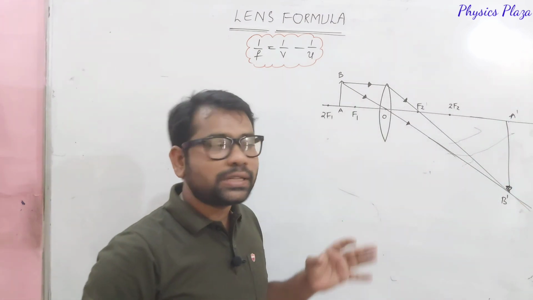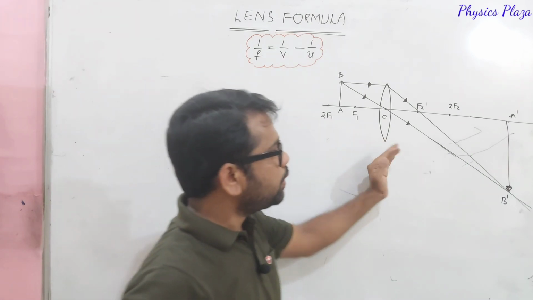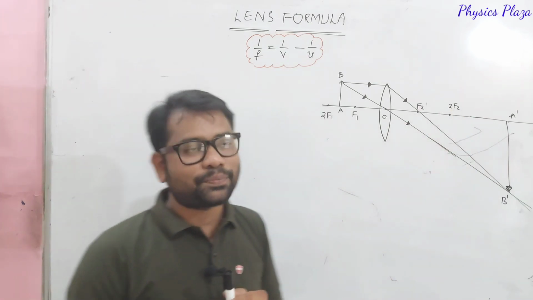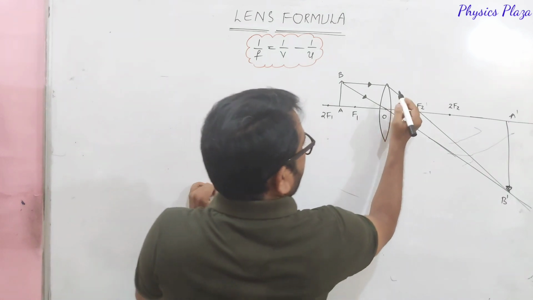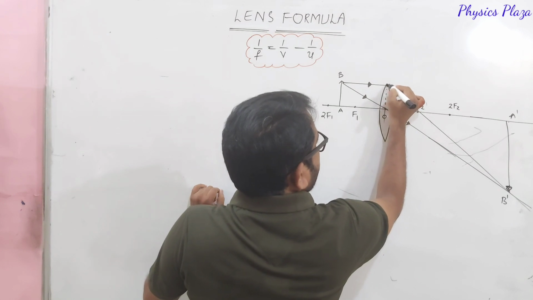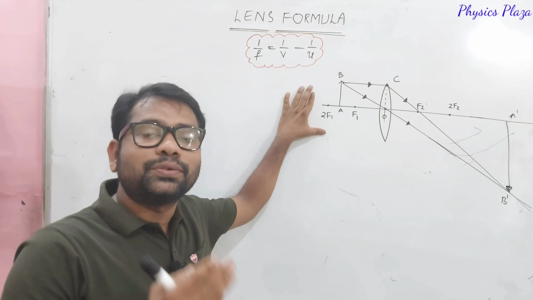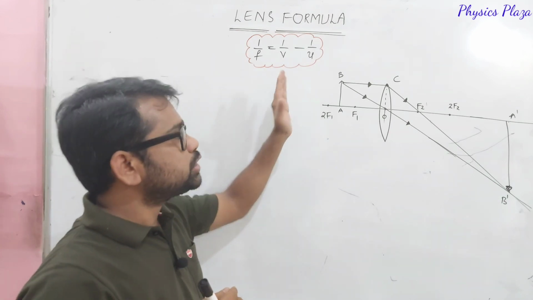This is a case of a convex lens where the object is placed between 2F1 and F1 so that the image is formed beyond 2F2. This we already discussed. Let this point be C. Now, dear children, this diagram we are going to use to derive the expression for the lens formula.